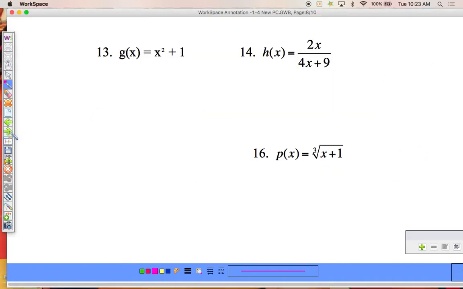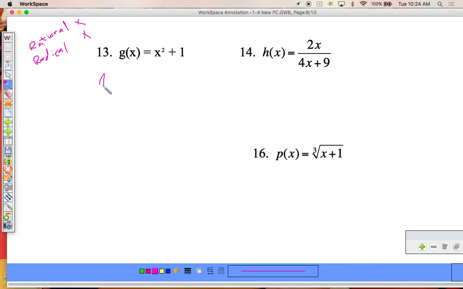All right, number 13. G of x is x squared plus 1. So I'm going to go back. Is this a rational function where I have a fraction? It's not. Is this a radical? And that's not.